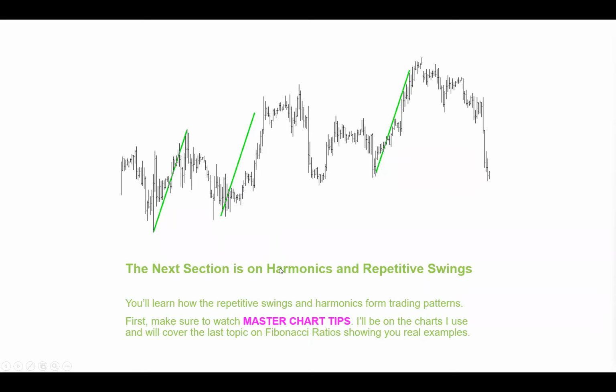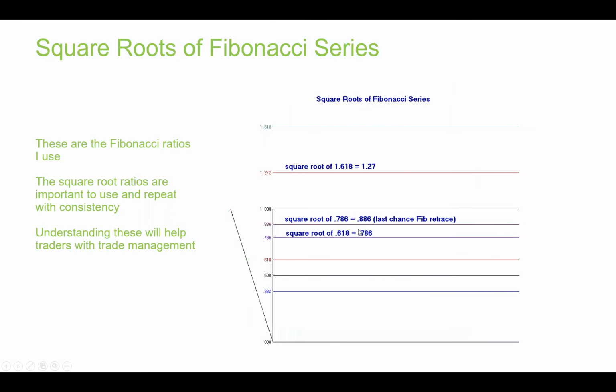Now, actually, the next section is not harmonics. This is a slide taken from my course. So I just put it in here to illustrate the harmonics of swings and the repetition. You can see the upswings, very similar, down swings, very similar. And these are what we can use as a structure to trading patterns and trading setups and apply Fibonacci ratios to them to help us with those structures.